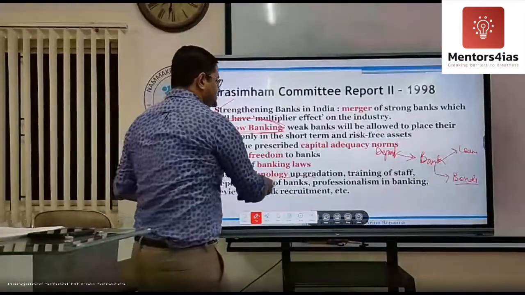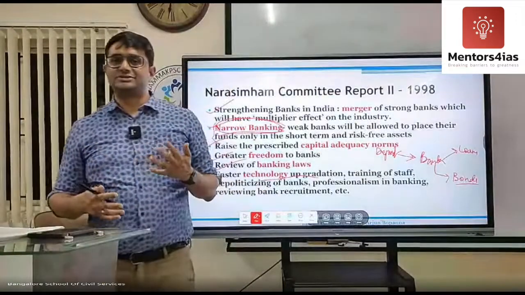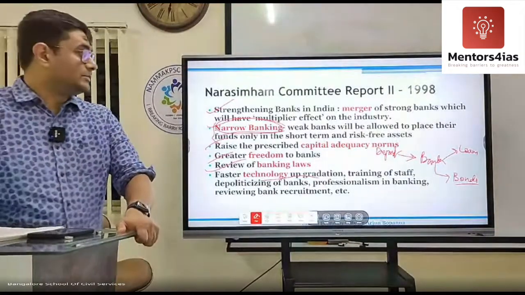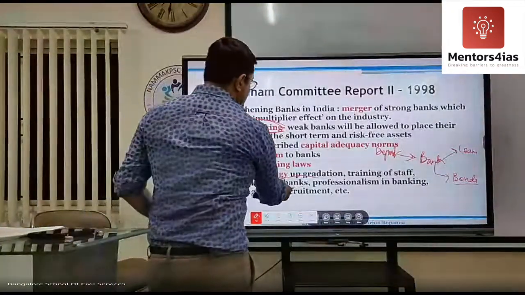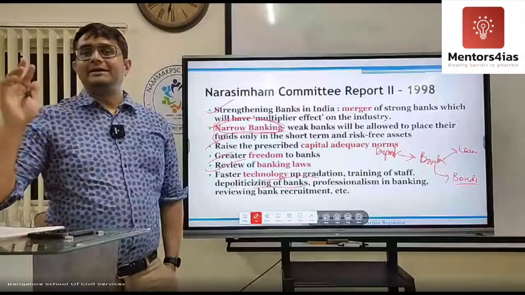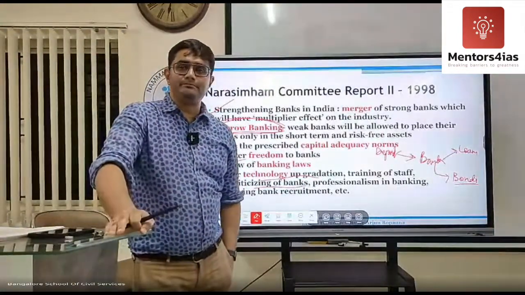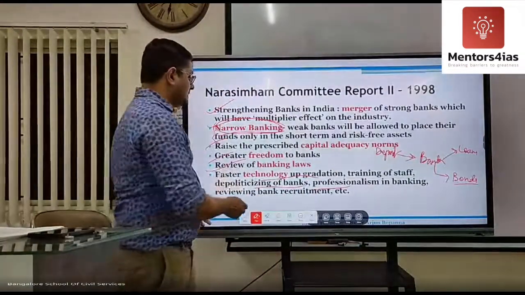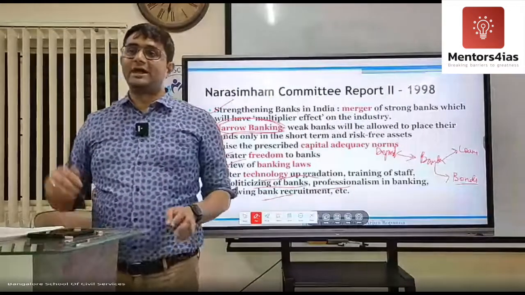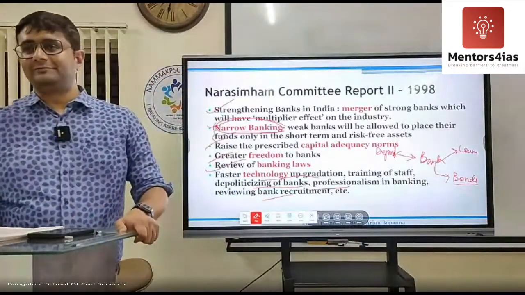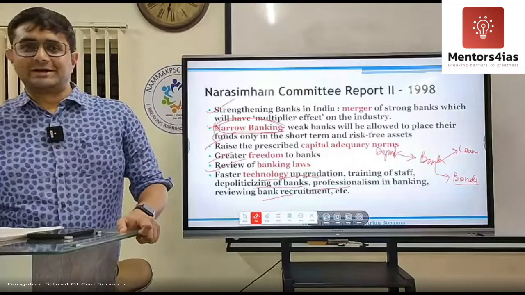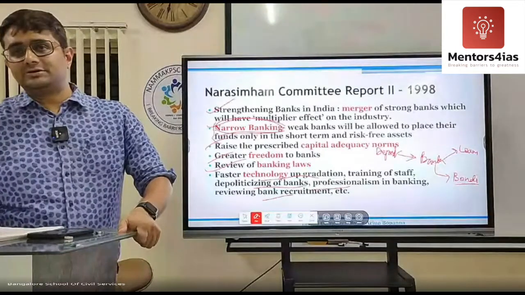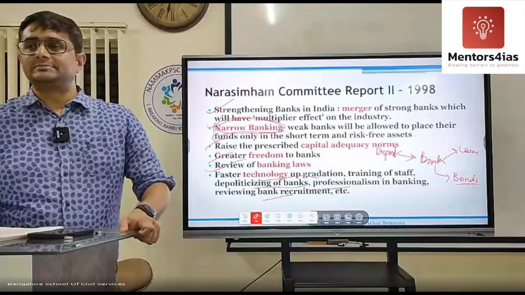Then faster technological upgradation, computerization, skill development of the staff, better human resource management, depoliticization of the banks by reducing the control of the government over the banks, professionalization of the banking, reviewing banking recruitment. So IBPS has been created for recruitment of banks to reduce corruption and all of that. Is that understood? So these are the recommendations of the second Narasimhan committee.